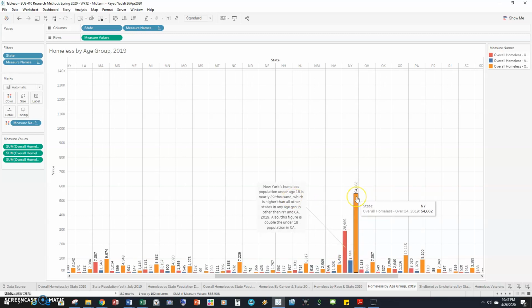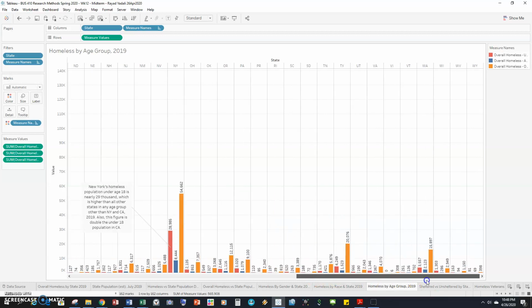You still have the highest population among people over age 24, but you'll notice that the under age 18 is nearly 29,000, which is higher than any other state in any age group other than New York and California.